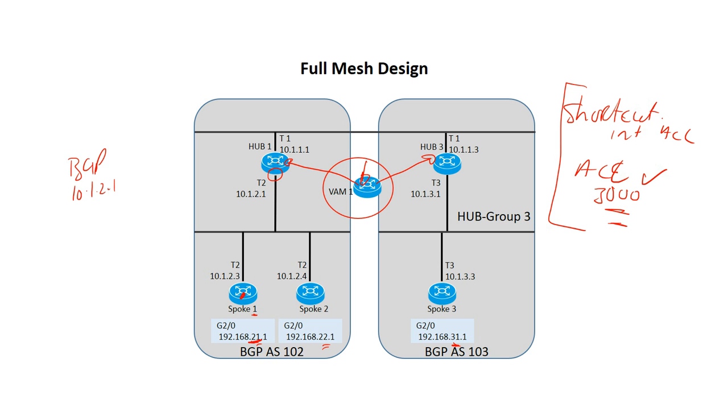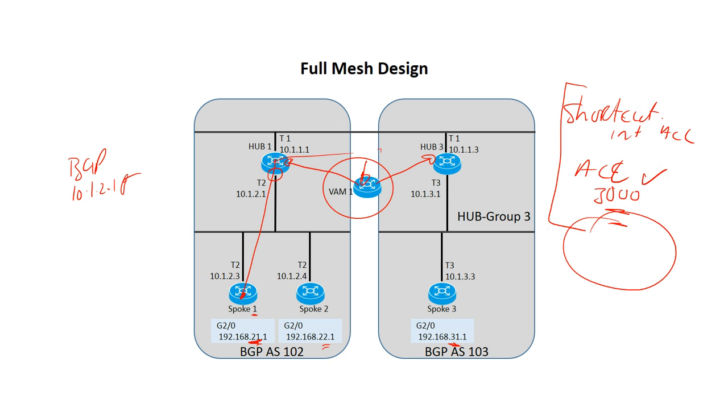So the first packet will definitely fire; he doesn't know anything about this shortcut list or anything, this VAM server. Oh, sorry, this spoke. So he fires his first packet to his routing table. That's what it says. And as the packet goes there, of course it's routed, doesn't matter. But at the same time, the hub turns around and says, wait a moment, I've got an entry here for that access list, for this 21 going to 31.